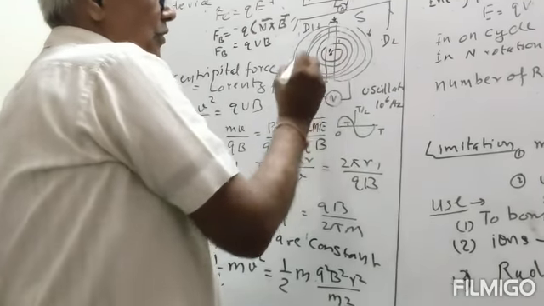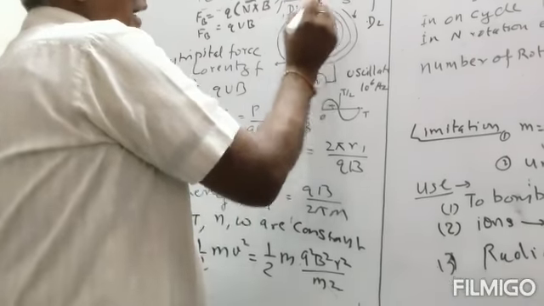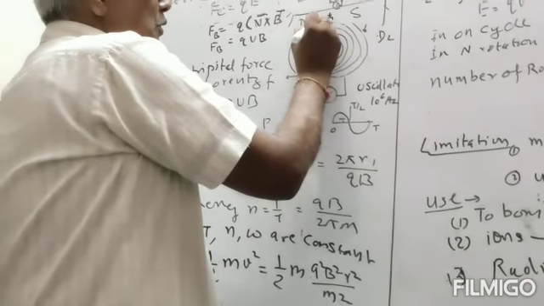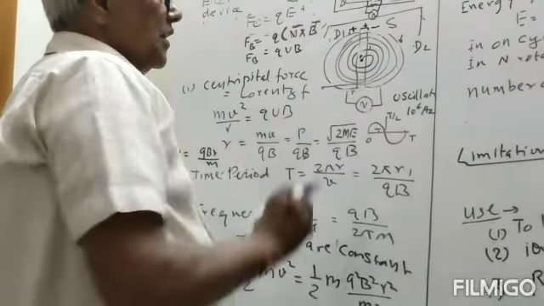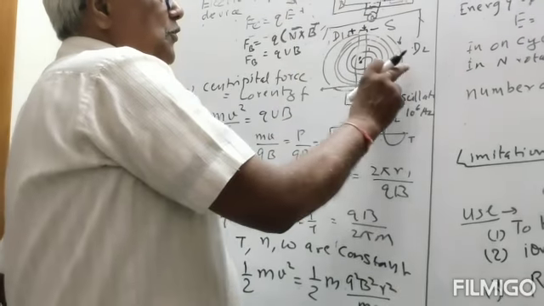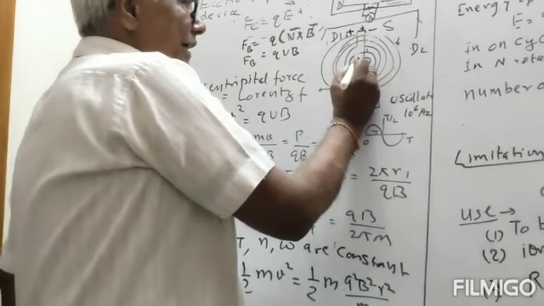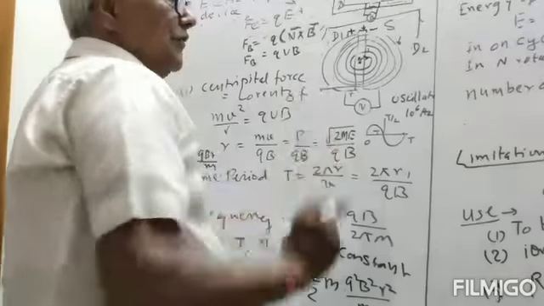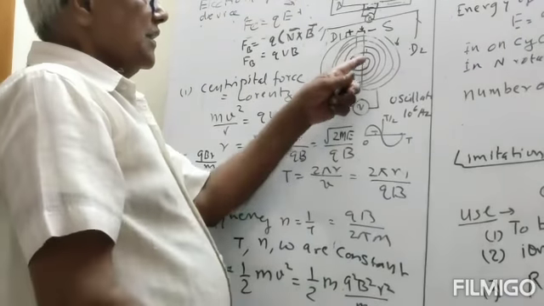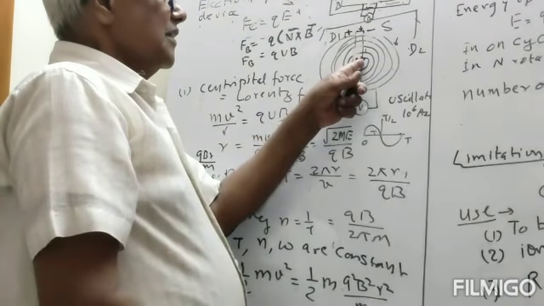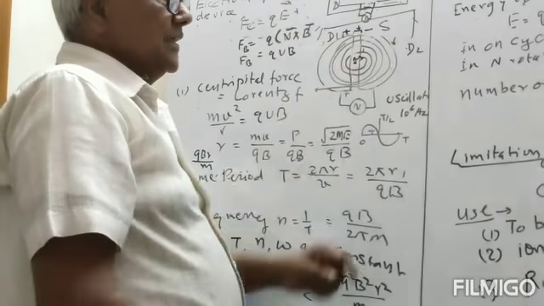Suppose it is a proton and at any instant D1 is positive and D2 is negative, then it will accelerate through the gap. So its velocity will increase. Now what will be the energy?